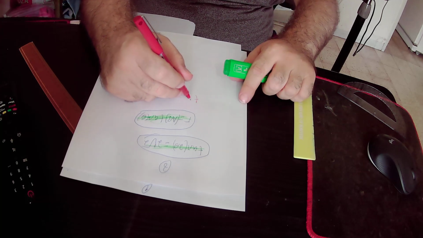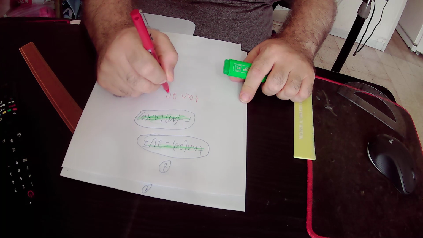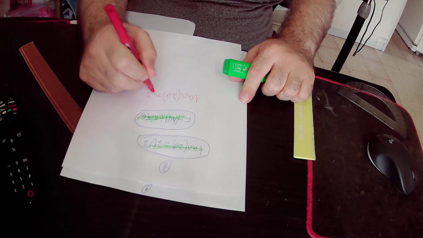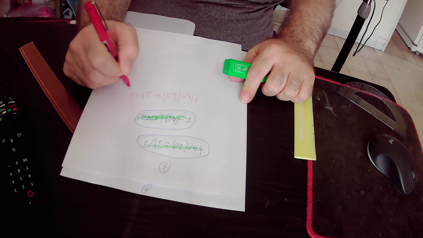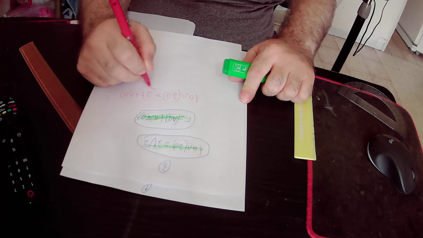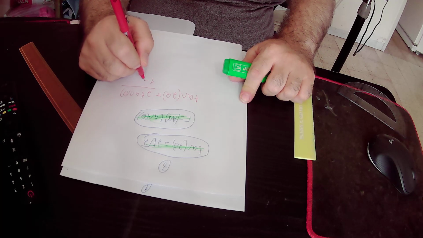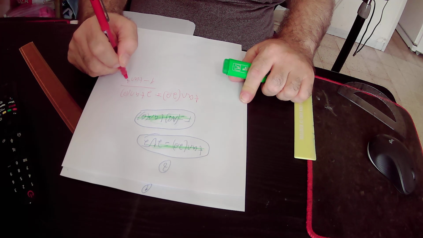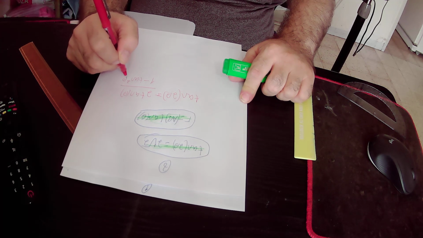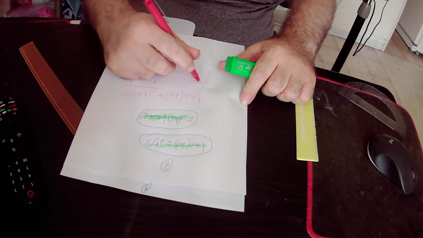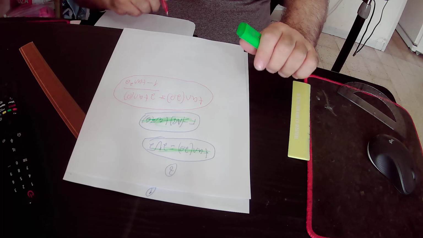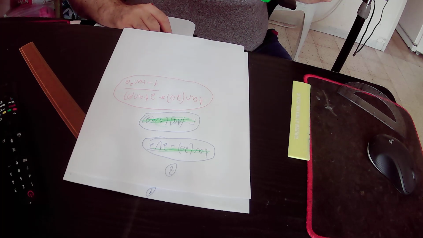that tangent 2 theta equals 2 tangent theta over 1 minus tangent square theta. Okay, we will use this trigonometric identity in order to find the value of tangent theta.